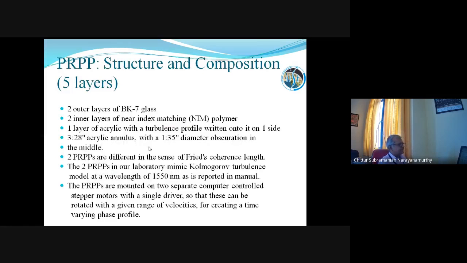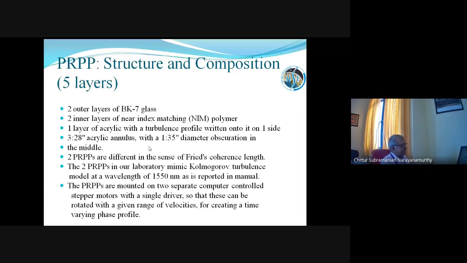This pseudo random phase plate consists of 5 layers: the 2 outer layers of BK7, 2 inner layers of near index matching polymer, and 1 layer of acrylic with a turbulent profile. So we can always encrypt a turbulent profile onto it on one side. This is a 3.28 inch acrylic annulus with a 1.35 inch diameter obstruction in the middle.